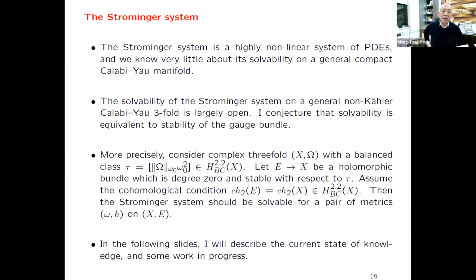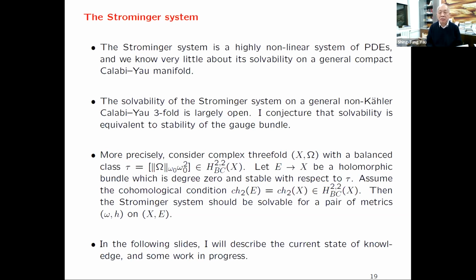This defines an element of a class because d of it is equal to 0. And this is an interesting class because it defines a cohomology class, sitting in H^{2,2}.